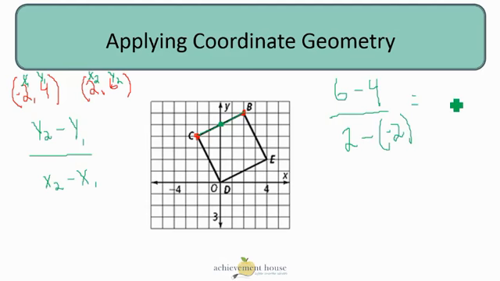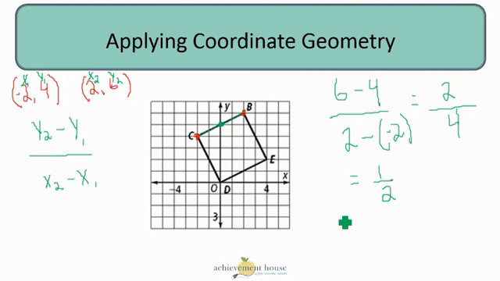If I subtract here, 6 minus 4 is 2. 2 minus a negative 2 is actually 2 plus 2, which is 4. So our slope is 2 over 4, which reduces to 1/2.